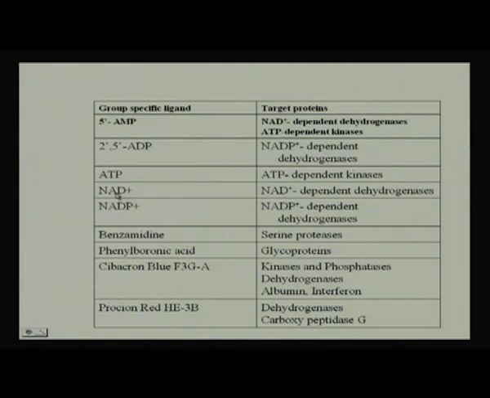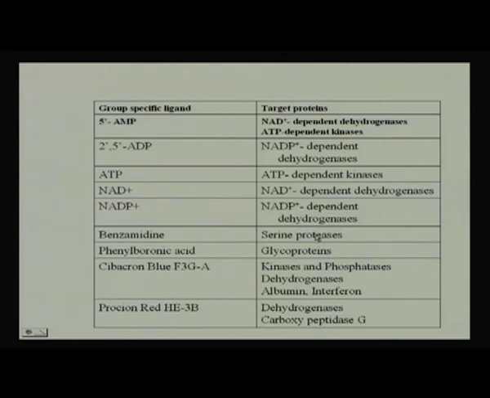If NAD, NADP, ATP, this type of molecules are used as a ligand, then the counter ligand will be, for ATP, ATP dependent kinases, for NAD, NAD dependent dehydrogenases, for NADP, NADP dependent dehydrogenases. If it is benzamidine, then it is serine proteases.